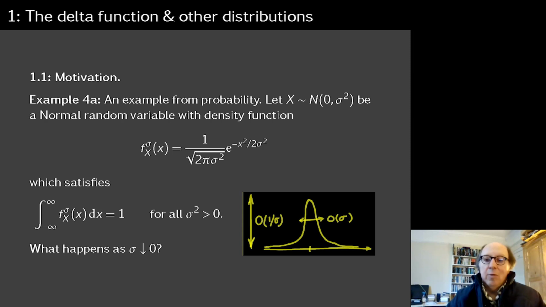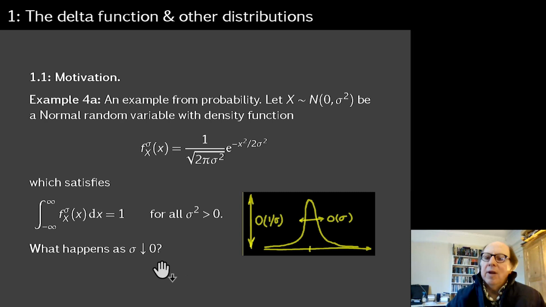So the probability is all concentrated within a few standard deviations of the mean, and then the height of it is of order 1 over sigma, and because the area is 1 over sigma times sigma, that is 1, that tells you that we would expect the area to be of order 1. And of course, because it's a PDF, the area is exactly 1, whatever the value of sigma. That's just built in, isn't it?